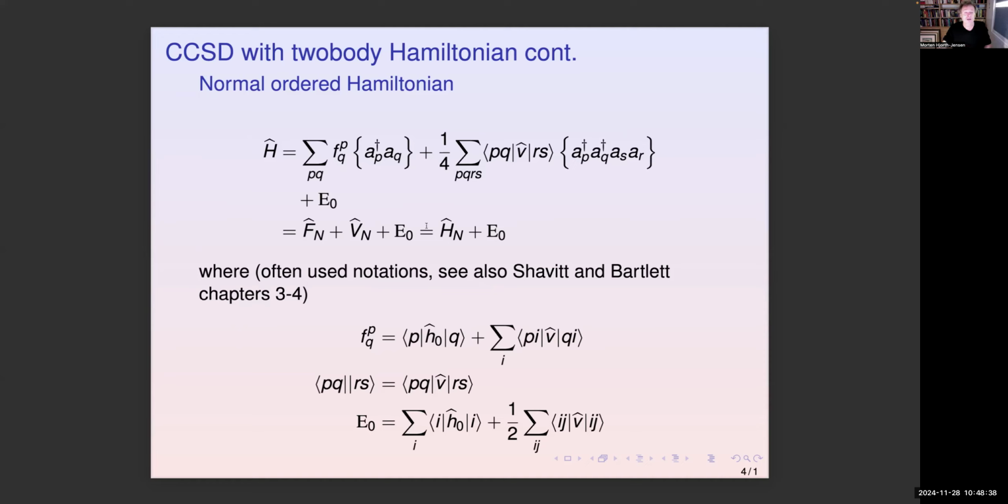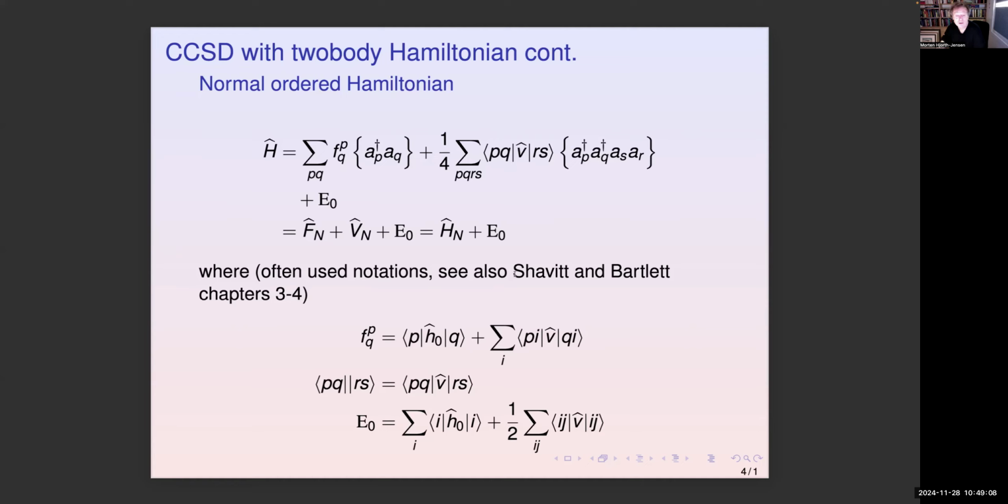Now, just a quick reminder, we know that the Hamiltonian which we have is given in terms of these normal ordered parts with respect to the new vacuum, plus the vacuum reference energy. And the vacuum reference energy is defined here. In the derivations below, you will often see a notation which I am not so fond of, but it is widely used in quantum chemistry.